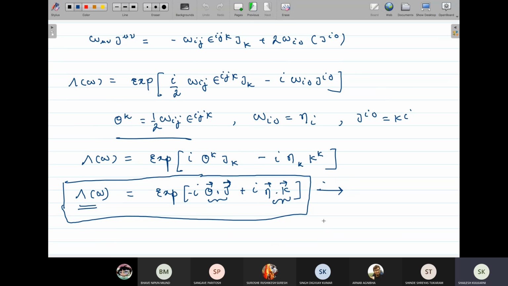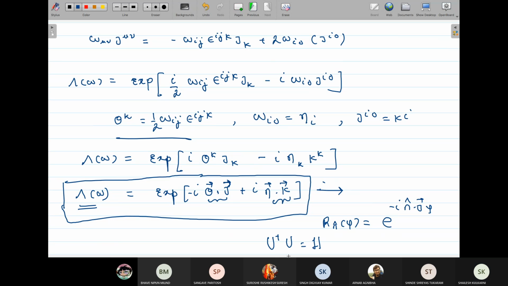In your rotation case, this is written as, right, this is Hermitian. Because of this i, this becomes unitary. Unitary transformation, U dagger U equal to 1.